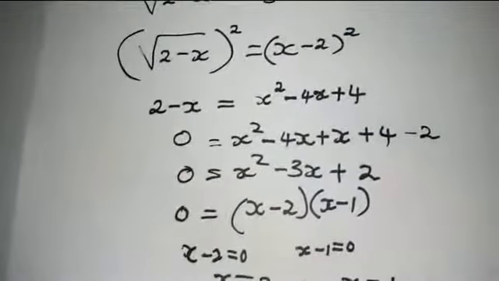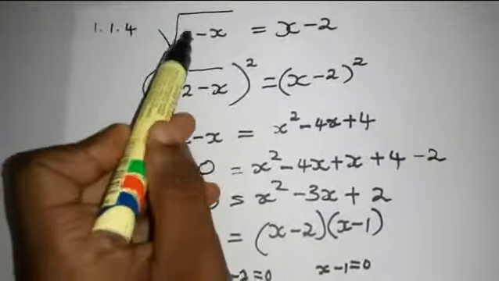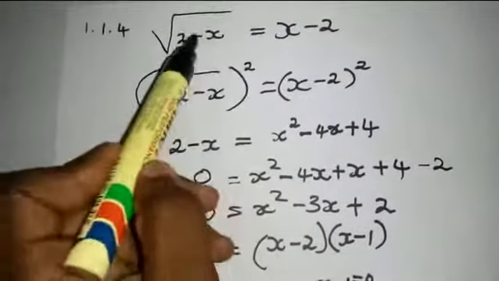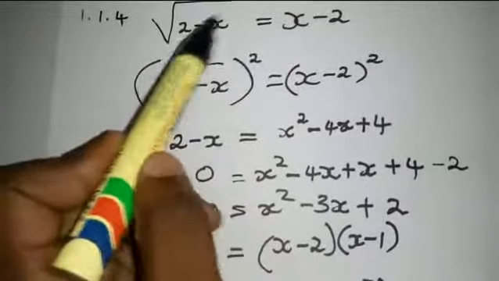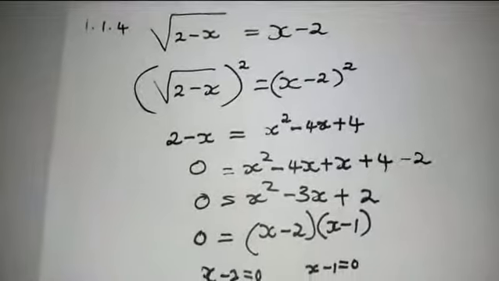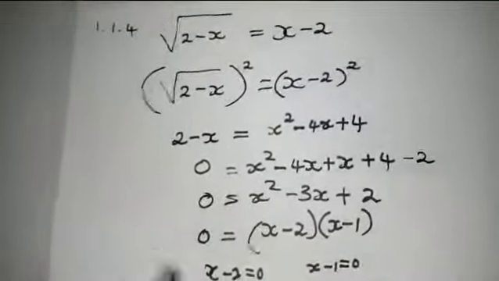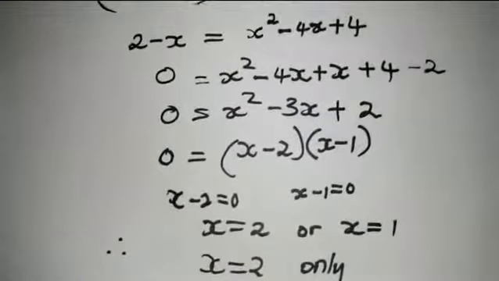When you substitute 1 into the equation, you get 1 on this side and negative 1 on the other side, so these two do not become equal. We can then conclude that x is equal to 1 is not a solution for this equation. Therefore the only solution is 2. Then we indicate that x is equal to 2 is the only solution for the question.